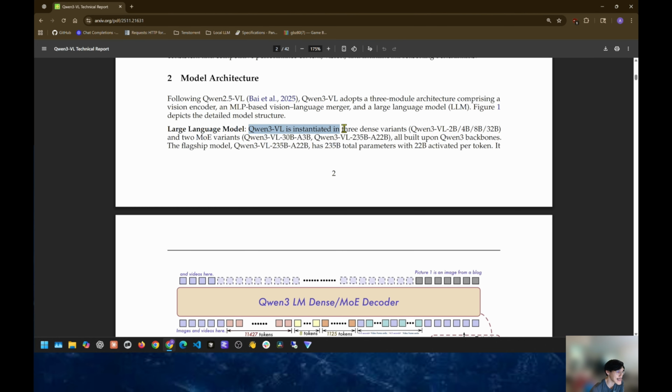Qwen3 VL is instantiated in 3 dense variants, like we said before, 2B, 4B, 8B, 32B, and 2 MOE variants, 30B A3B and 235B A22B, all built upon Qwen3 backbones. The flagship model, Qwen3 VL 235B A22B, has 235 billion total parameters with 22 billion parameters activated per token.